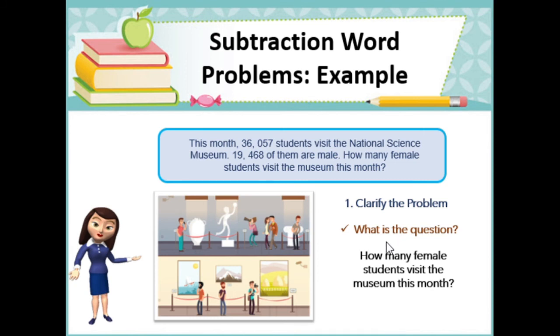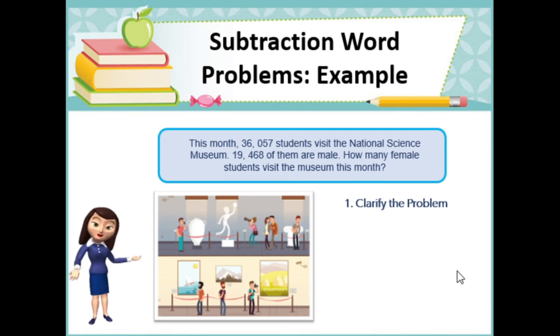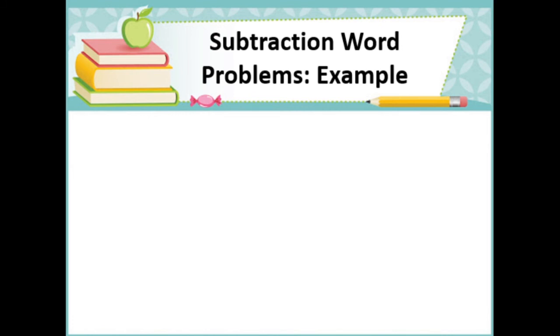So what is the question? It's how many female students visited the museum this month. This question is what we are going to find out along the process. So, we have the next one.